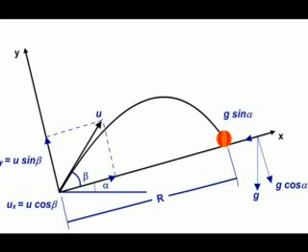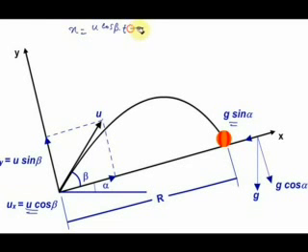So as we have seen, the motion along x axis will be given as x is equal to ut plus half at square, and u is the initial velocity along x direction, which is u cos beta. So we'll have x is equal to u cos beta into t plus half at square, where a is the acceleration along x direction, which is minus g sin alpha.